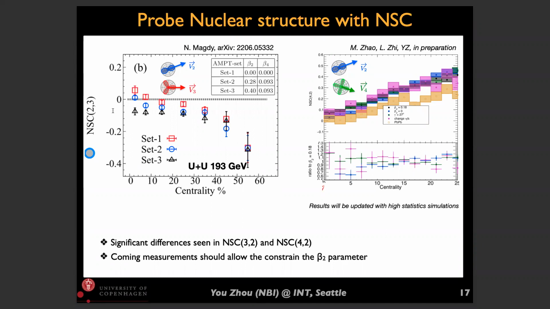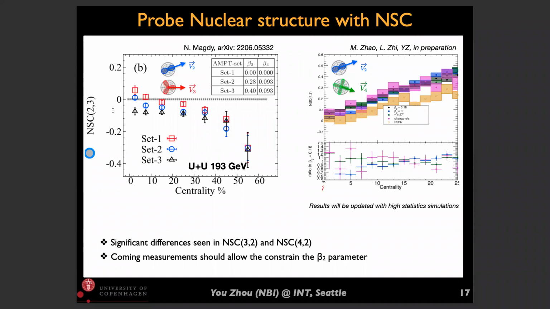So you're saying that beta 4 enhanced the correlation between V2 and V4? No, it's not beta 4, it's beta 2. If you compare V2 and V3, it's a fixed beta 4, but when you change beta 2, it changes the correlation between V2 and V3. The second plot was also beta 2, and here there's no beta 4.